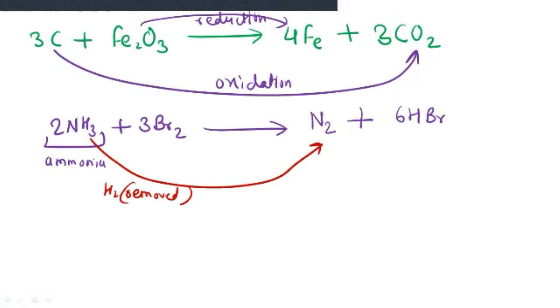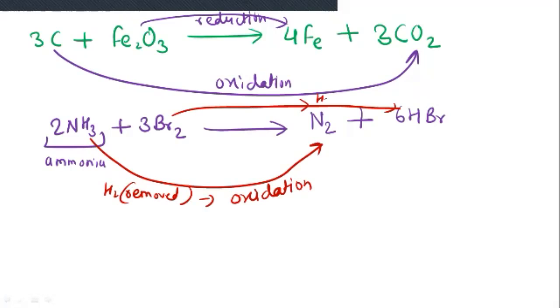So when H2 is removed, then this is called oxidation. If hydrogen is being removed, then it is called oxidation. And here hydrogen is added, H2 is added here, then it is a reduction process. Again it is an example of redox.